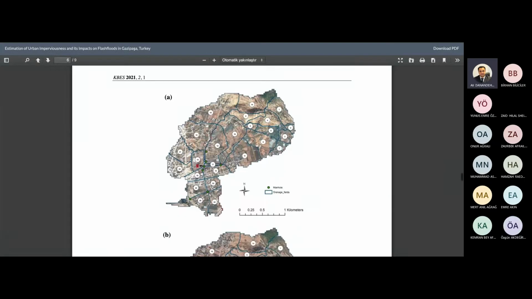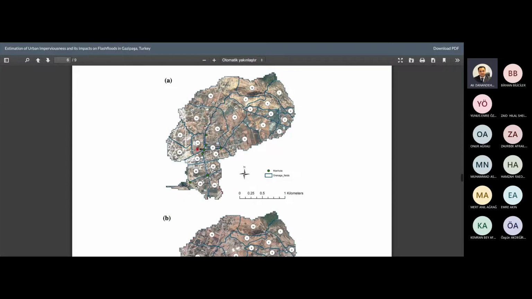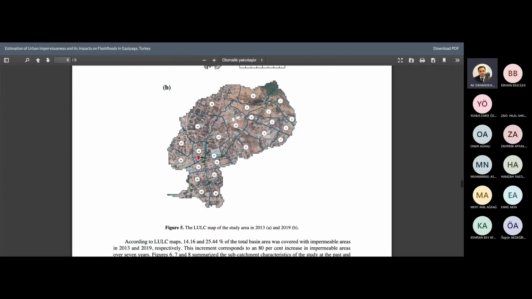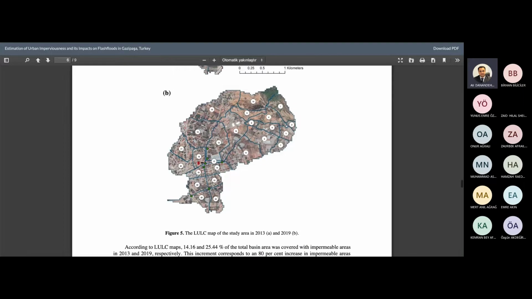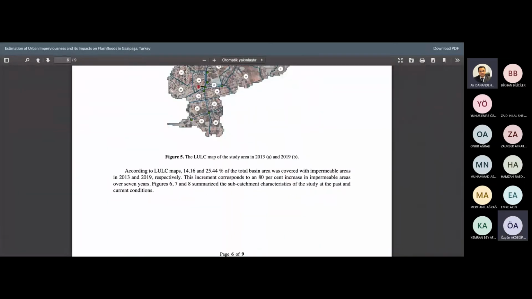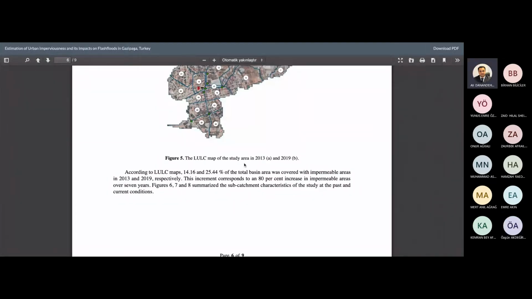Here Özgün shows you the land use land cover map of the city. LULC is land use land cover of the city in 2013 and 2019. Our analysis showed that during the past 7 years we had maybe an 80% increase in impermeable areas. Look, 80%. What does it mean?